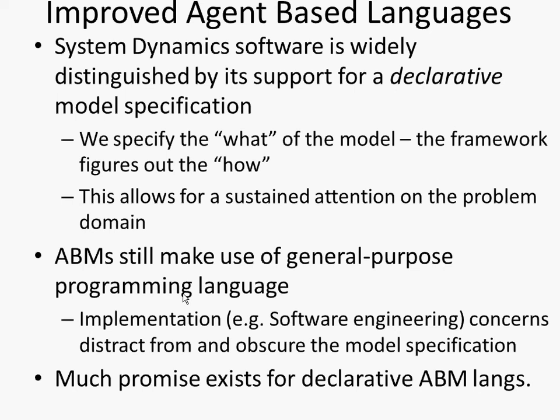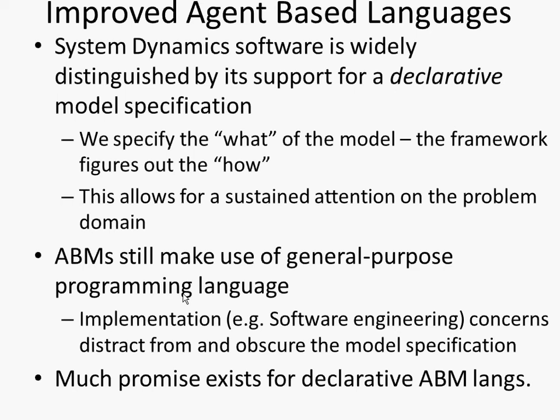Another thing, though, I want to talk about is the language side. Some of you may have noted, particularly those not from a computer science background, you probably found encountering system dynamics models in Vensim easier in some sense, more accessible than the models in AnyLogic. And the reason is, in system dynamics, for decades, there's been a focus on what I call declarative model specification.